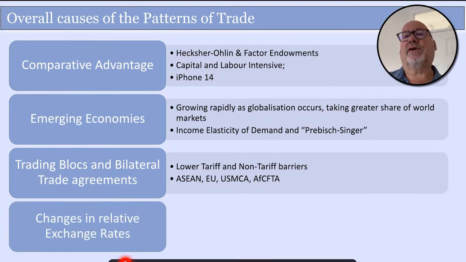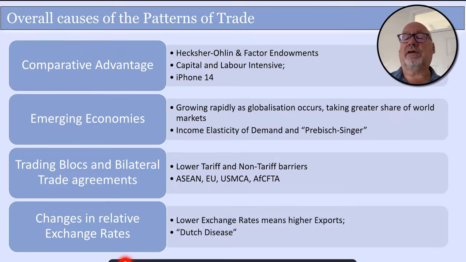And lastly, we're going to look at exchange rates as a possible reason for these patterns of trade, and we're going to look at lower exchange rates, higher exports, or even a problem known as the Dutch disease.